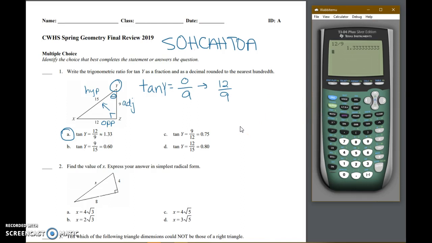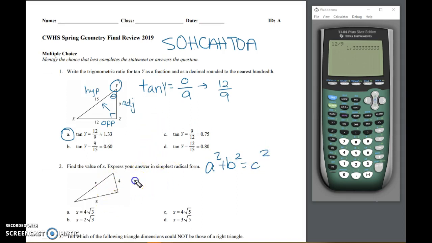Okay, number 2, find the value of x. Express your answer in simplest radical form. Well, I know I have a right triangle here, so I could use the Pythagorean Theorem, and that's a squared plus b squared equals c squared.